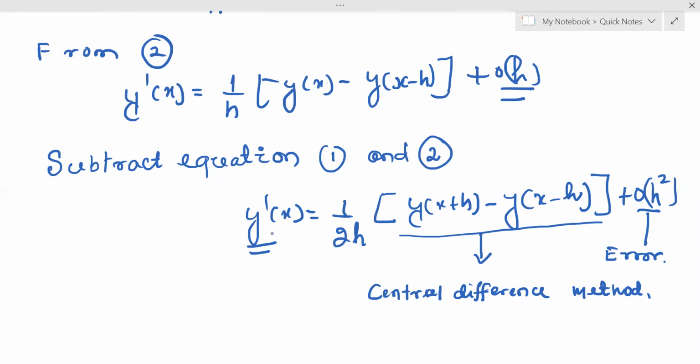Clearly, the central difference approximation of y'(x) is better than the forward and backward difference approximation methods. So how will we find y''(x)?